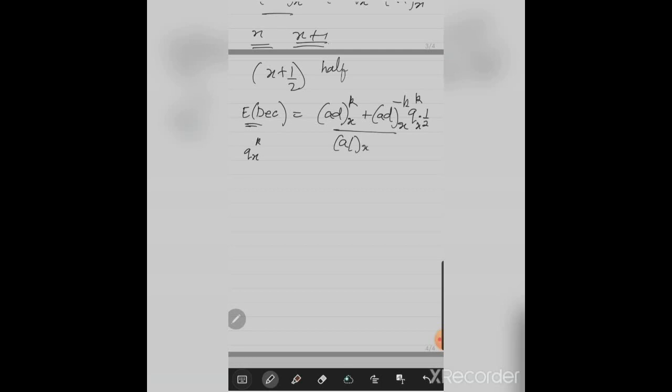LX, when you divide that by LX, what do you get?